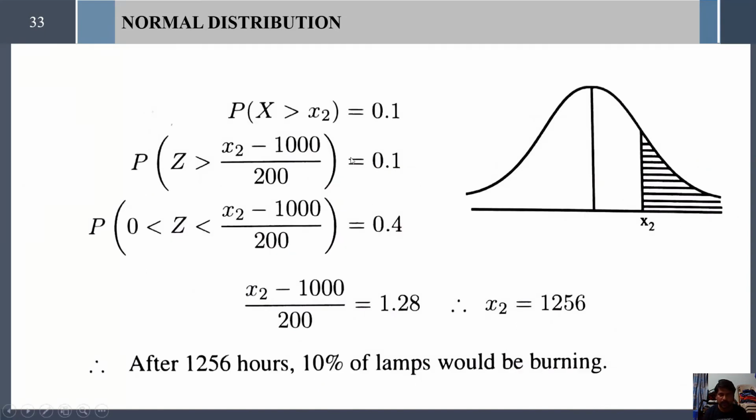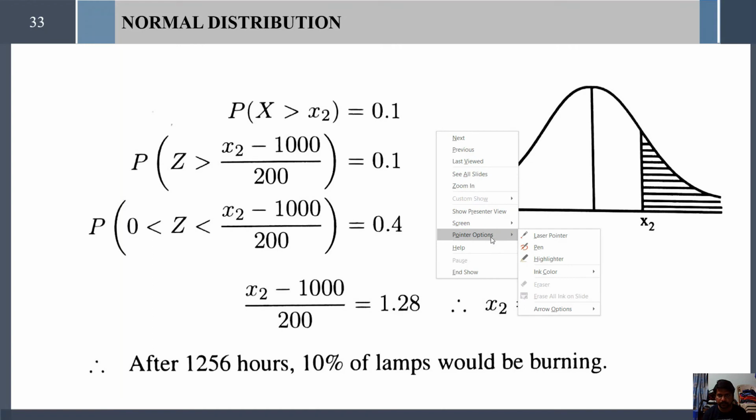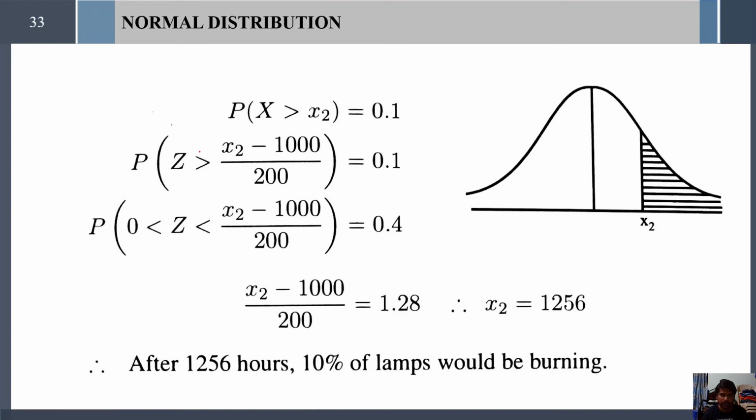See here, to calculate this area we can write 0.5 minus this probability term.